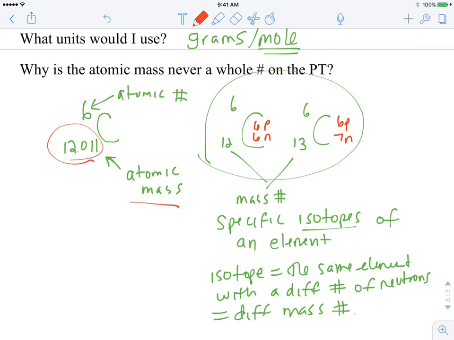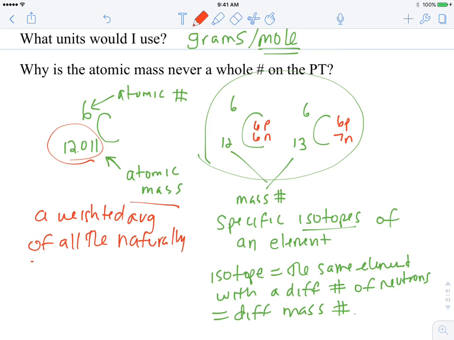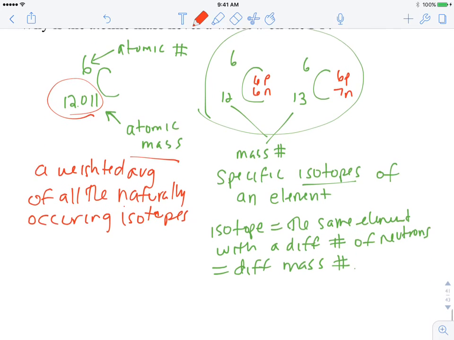It is a weighted average of all the naturally occurring isotopes. So mass number is for specific isotopes. Atomic mass that you find on the periodic table is the weighted average of all of the naturally occurring isotopes.